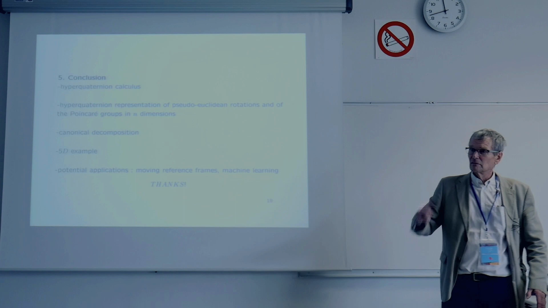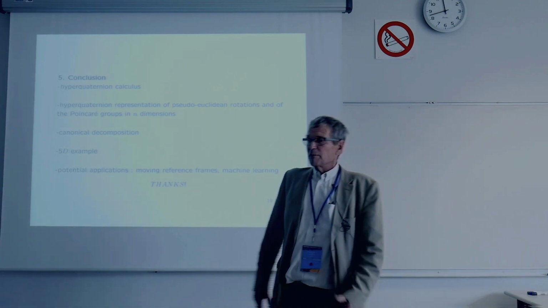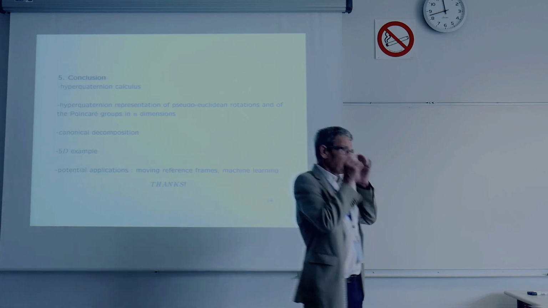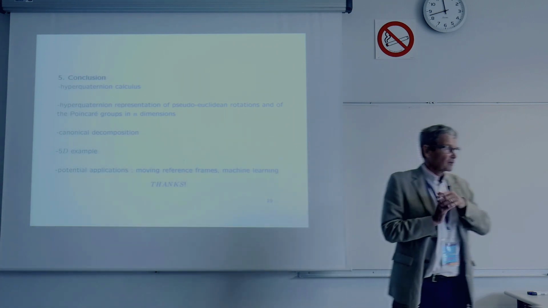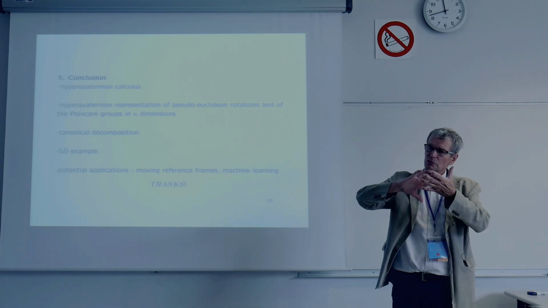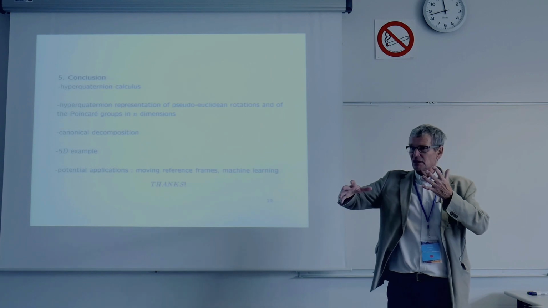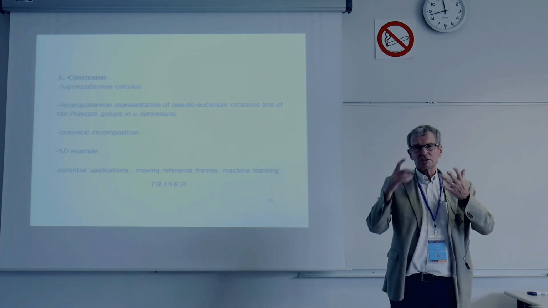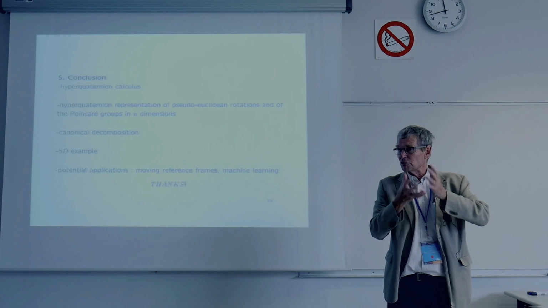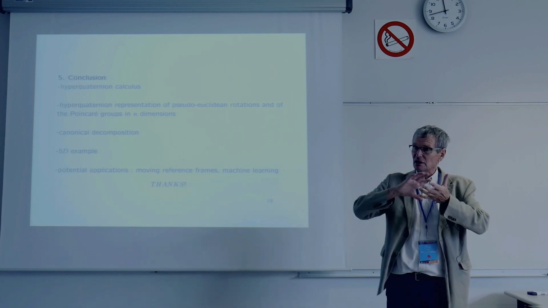Applications, yes. For example, if you have an image, you are going to use the Poincaré group, with rotations and translations. Instead of just taking arbitrary convolution coefficients, you can take symmetry groups, like rotations and Poincaré groups.